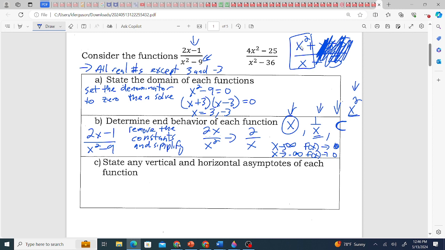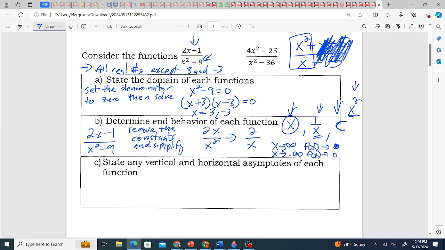Yes, you could take an x out of the top and bottom. As x approaches infinity, f of x approaches infinity, and as x approaches negative infinity, f of x approaches negative infinity, if we were talking about this one right here.